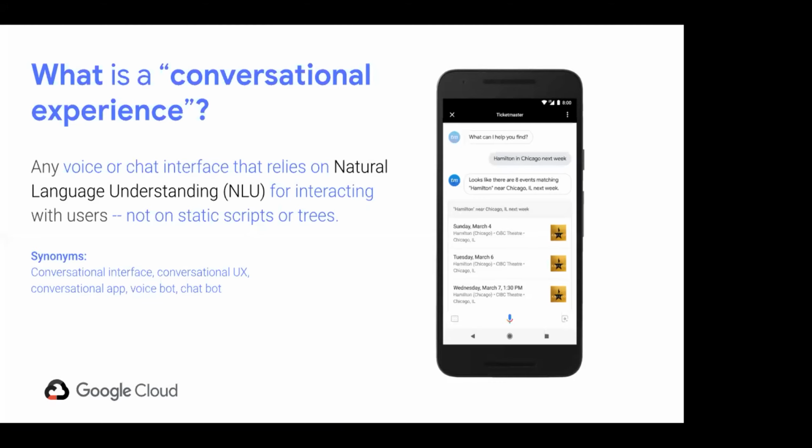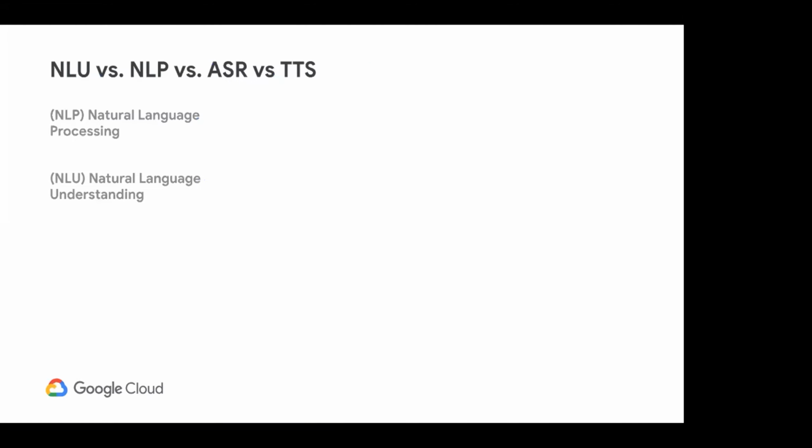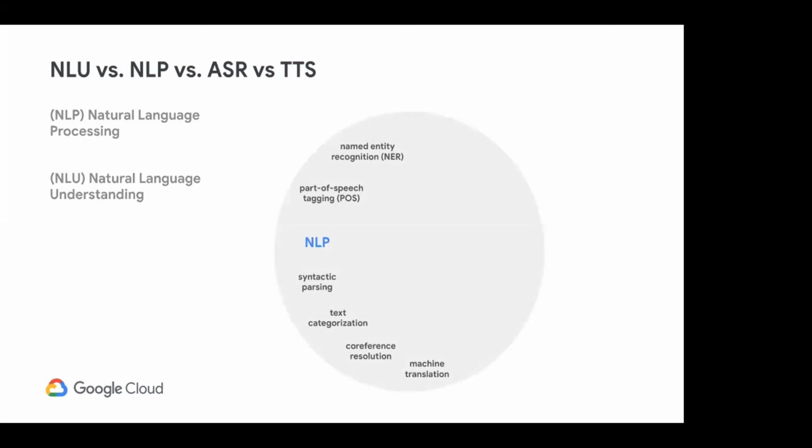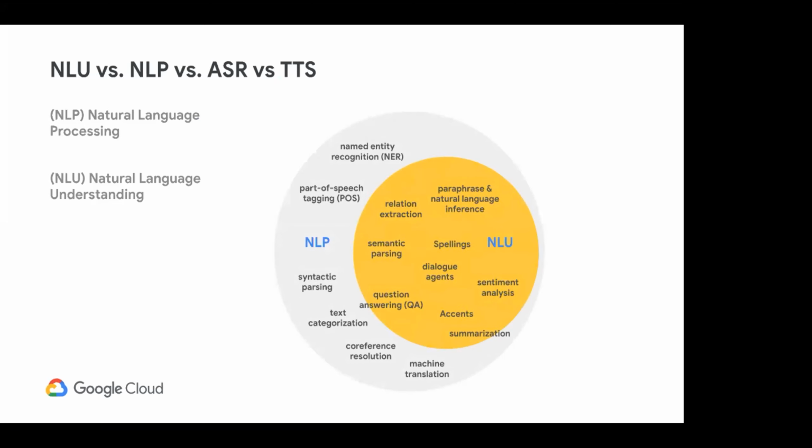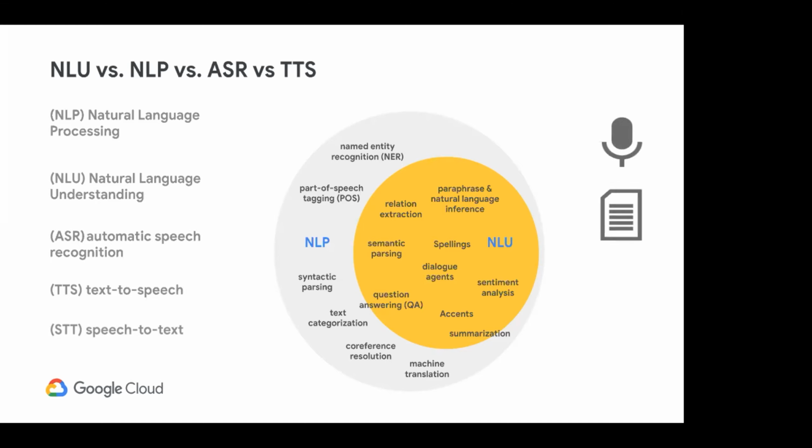That is where a lot of natural language understanding and natural language processing AIs are used. There are a lot of different acronyms you want to understand: NLP versus NLU versus ASR versus TTS, STT. You can learn all those things just by going to the TensorFlow site.